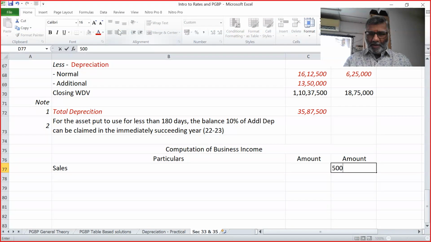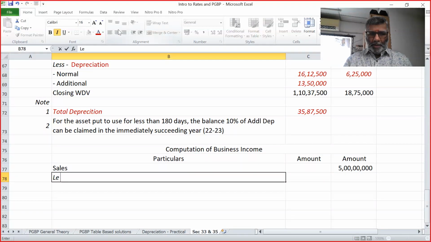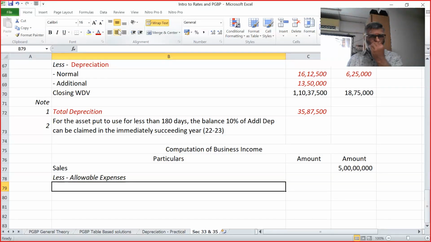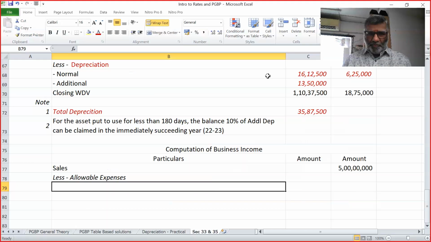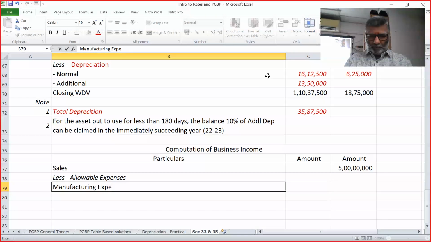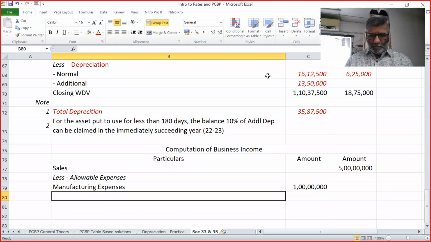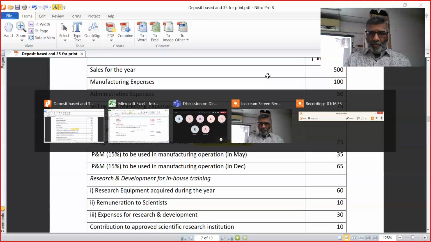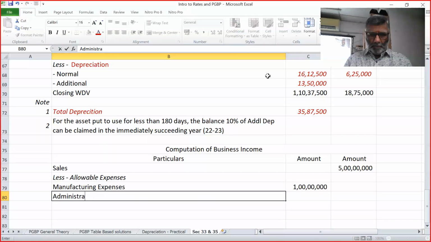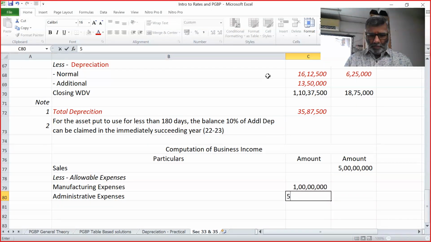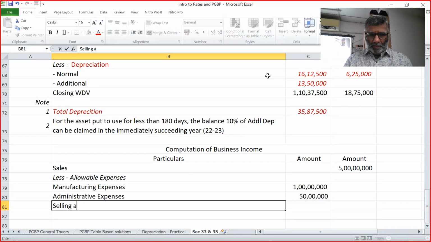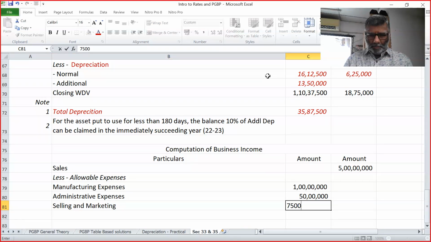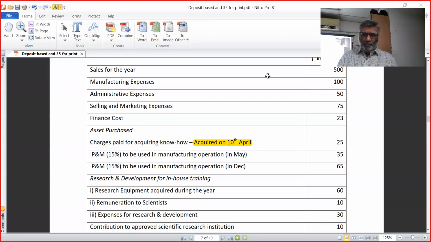Sales is 500 lakhs, less allowable expenses: manufacturing 100, administrative 50, selling and distribution 75, finance expenses 23.